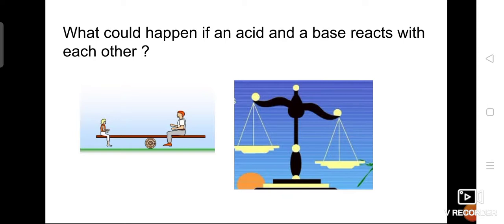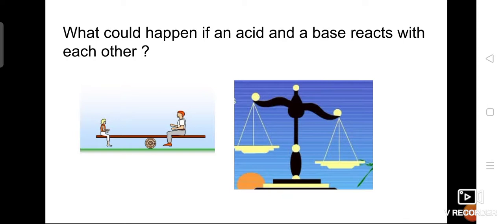Whatever is caused by the acid, when we add a base to it, the base will try to compensate the effect of the acid. That is why it is called compensation, otherwise called neutralization.